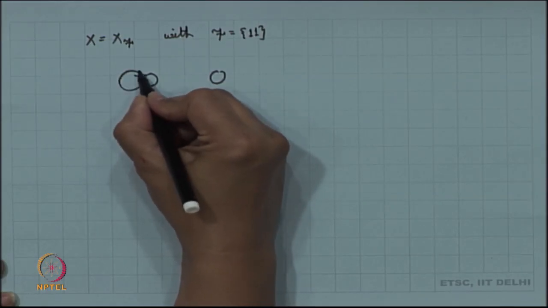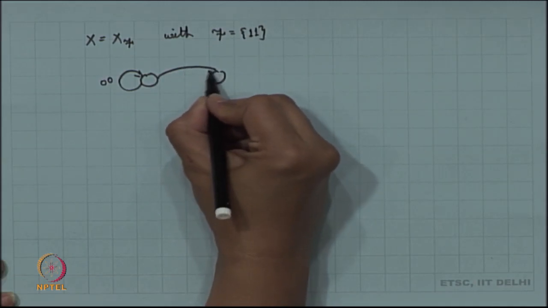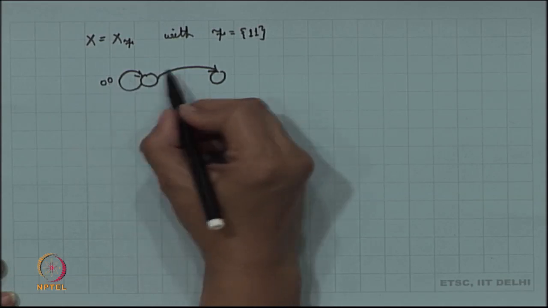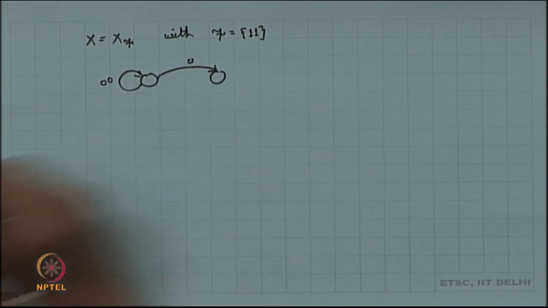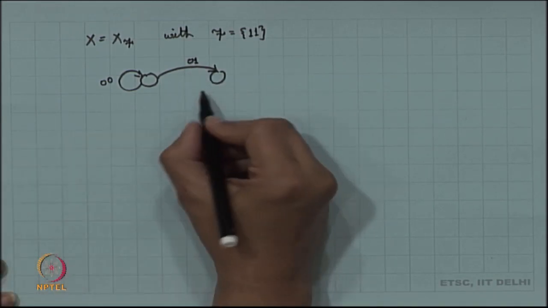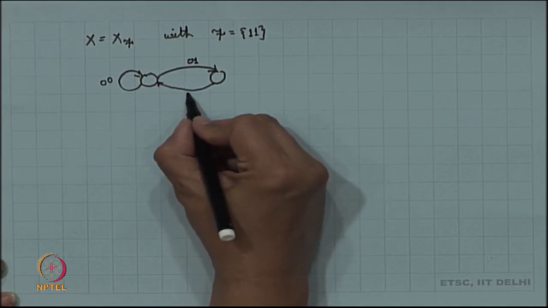Our edge 00 goes here. Now, this is a higher block representation, so one has to be very careful. Since we have a 0 here, the next edge here should start with a 0. So, we have a 01 here, and again since we have a 1 here, the next edge here should start with 1.